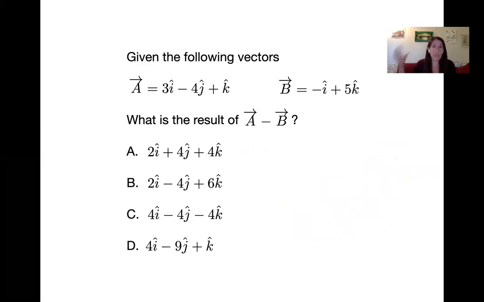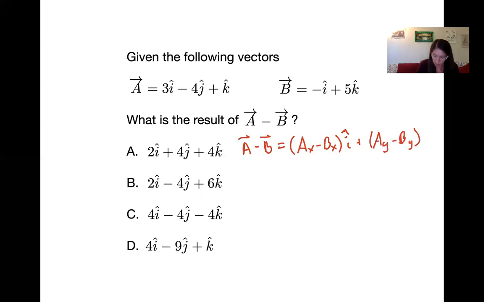Okay, so we could expand out rewriting both these vectors again, or we could use the simplified formula that is A minus B is equal to (a_x minus b_x) i hat plus (a_y minus b_y) j hat plus (a_z minus b_z) k hat, where again, 3 is a_x, minus 4 is a_y, and then a_z is 1, which is implied right here.